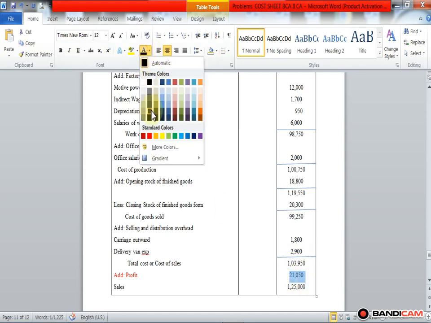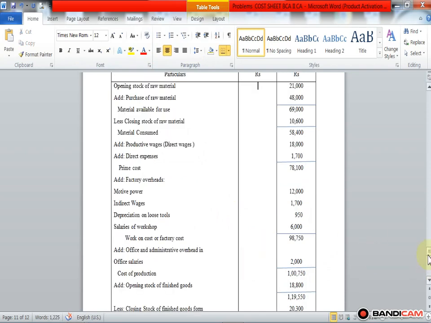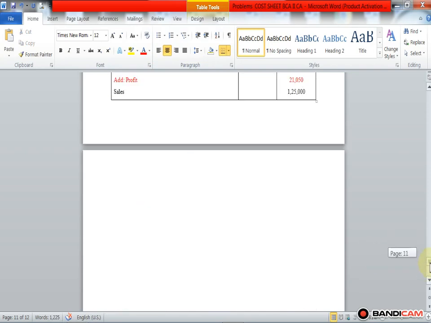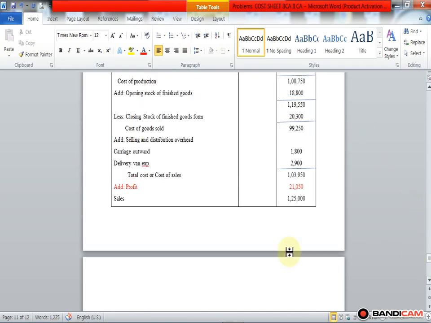Here we solve the problem. How do we find the profit? Profit is found by sales minus total cost, or cost of sales. Here we write it in front of profit. Okay, how do we find out the profit?